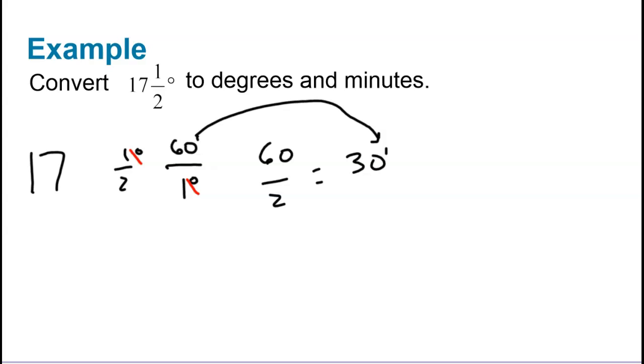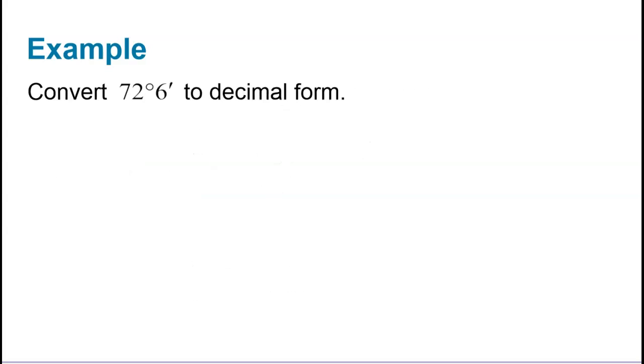And so we get our whole number value, 17, and we can say that there are 17 degrees and 30 minutes.